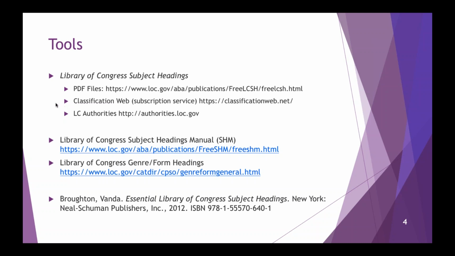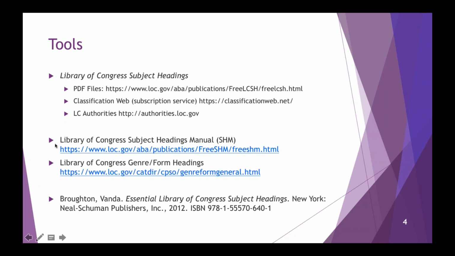If you do not have Class Web, then you can use the LC authorities that you can find at this address here. And the LC authorities has, again, all of the topical headings from LCSH, but it does not necessarily have all of the free-floating subdivisions, and a few other things are not in there.